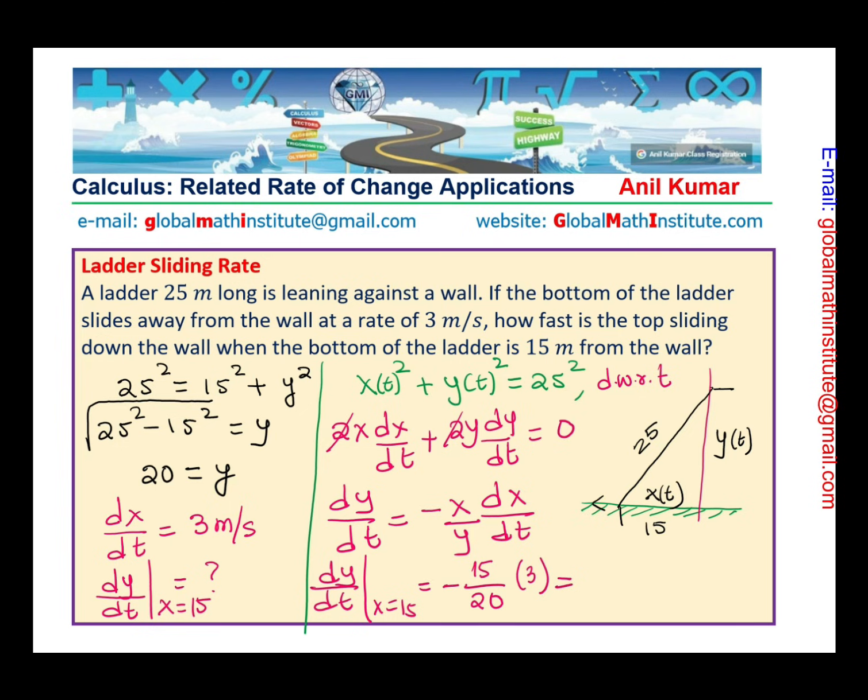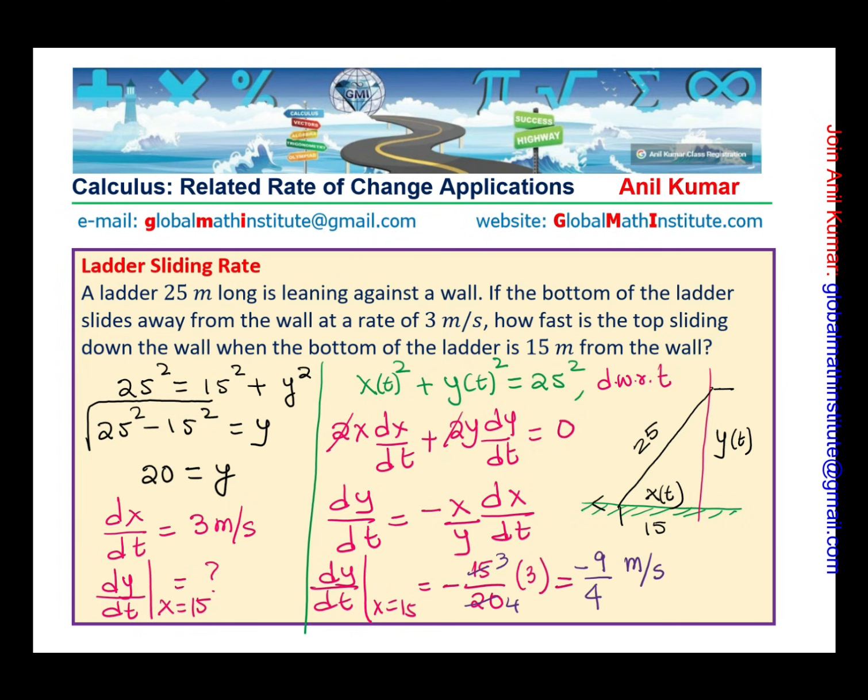You can divide by 5, 5 times 3, 5 times 4, and we get minus 9/4. Units being meters per second. Now negative means it is sliding downwards, correct? So how fast is the top sliding downwards? It is sliding at the rate of 9/4 meters per second.